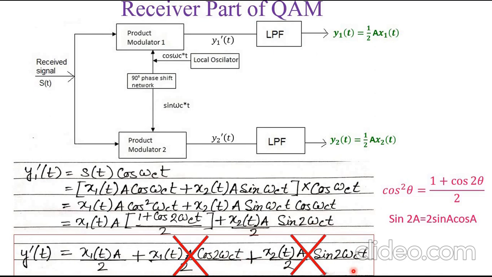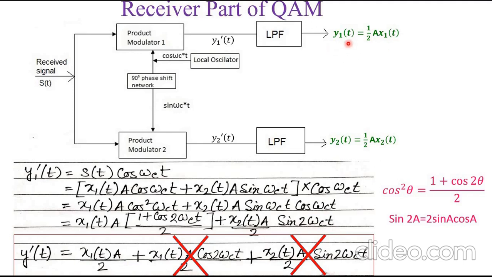So after the low pass filter, y1(t) equals x1(t) into A by 2, because the high frequency component will be eliminated. So after that it will be x1(t) into A by 2, which is y1(t).